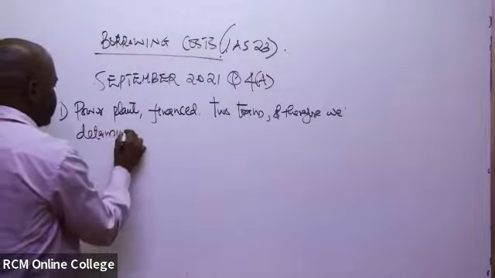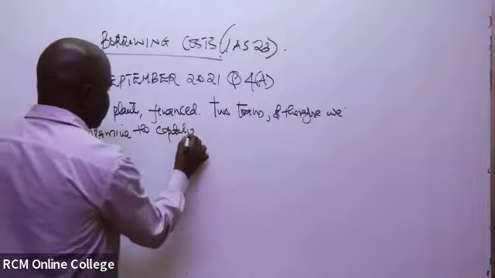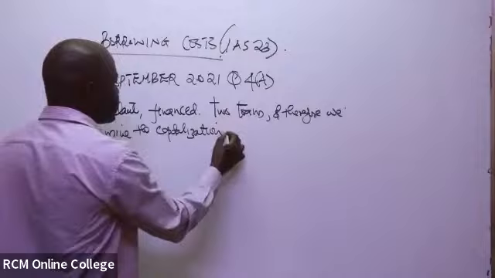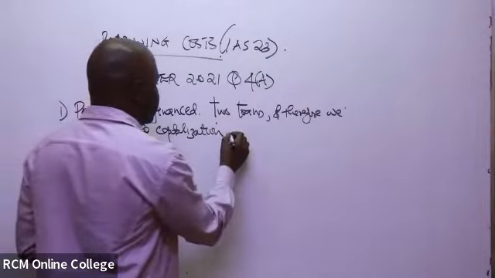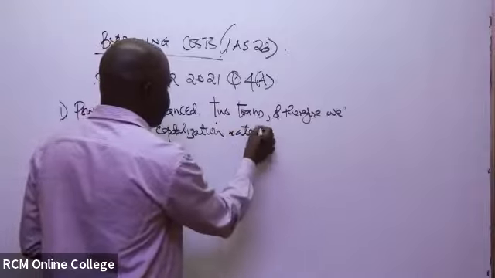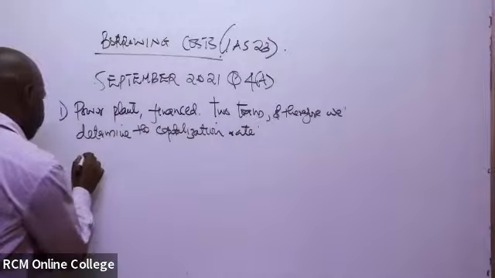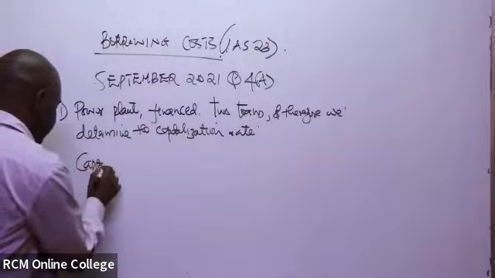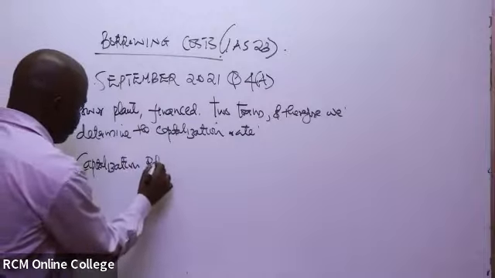We determine the capitalization rate because the two loans have two different rates. So the formula for the capitalization rate, how do you determine it where we have two loans?